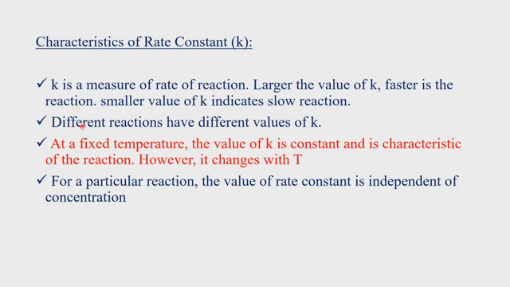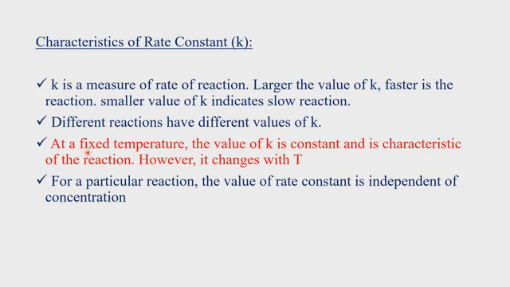Second characteristic. Different reactions have different values of k. Third one. At a fixed temperature, the value of k is constant and is characteristic of the reaction. However, it changes with temperature. This point is very important, students. At a fixed temperature, the value of k is constant.